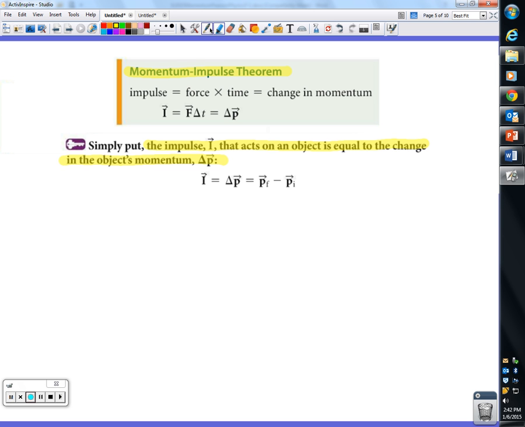The key word in this sentence here being the change in the object's momentum. Impulse doesn't equal momentum. Impulse equals the change in the momentum. Okay? Good with that so far?